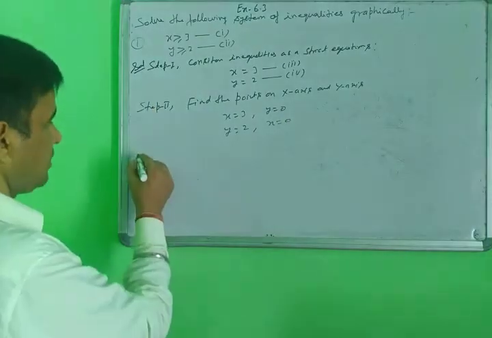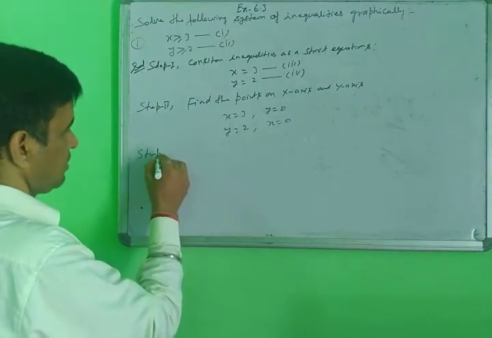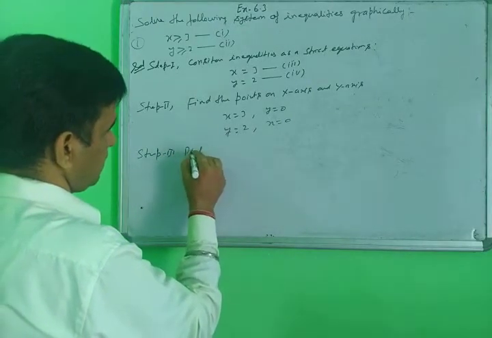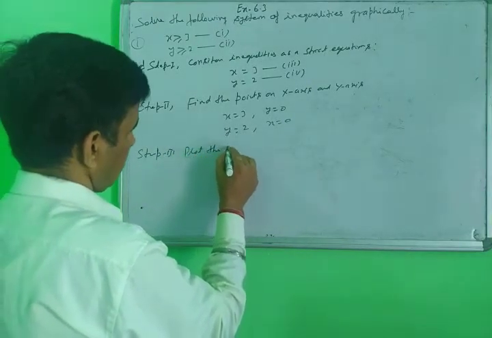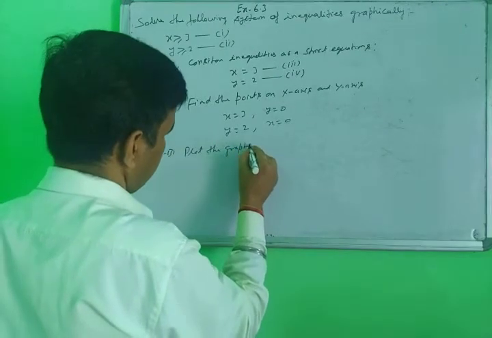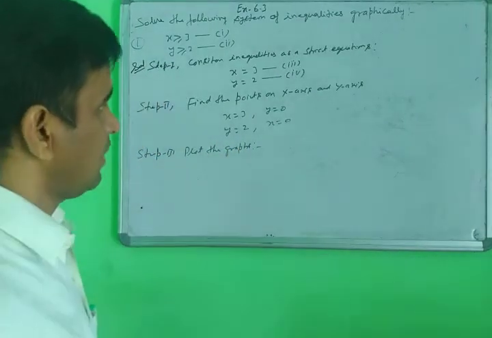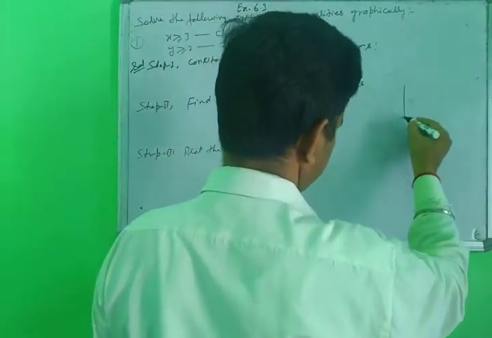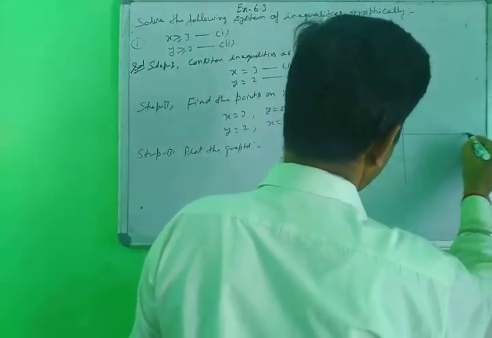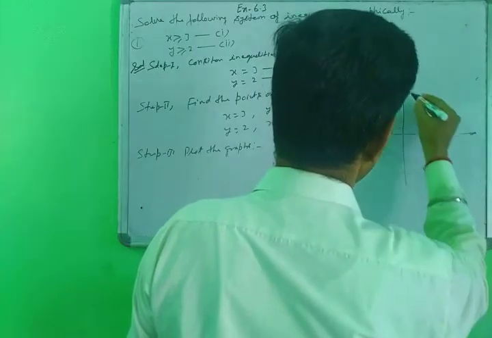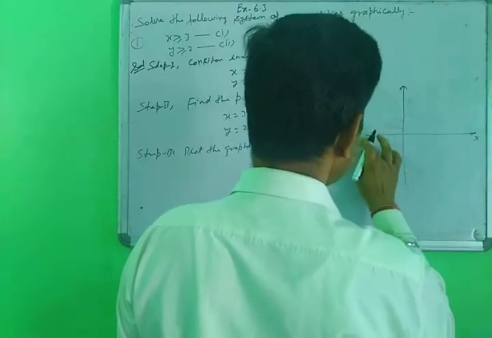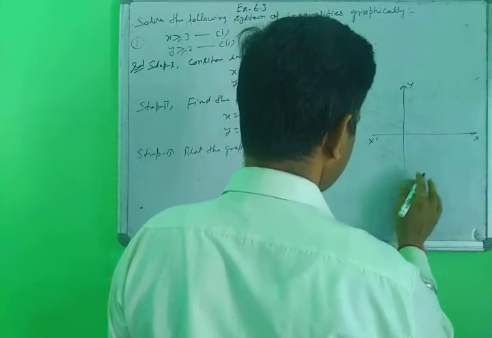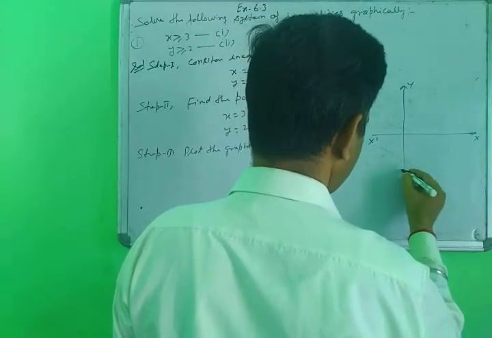Then step third, plot the graphs. Take the x axis as x dash to x, y to y dash.